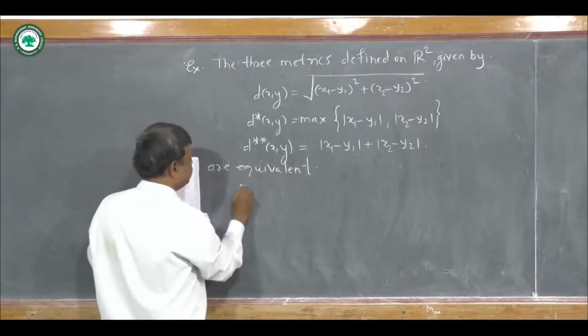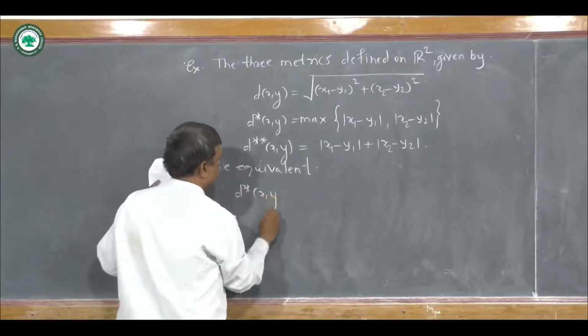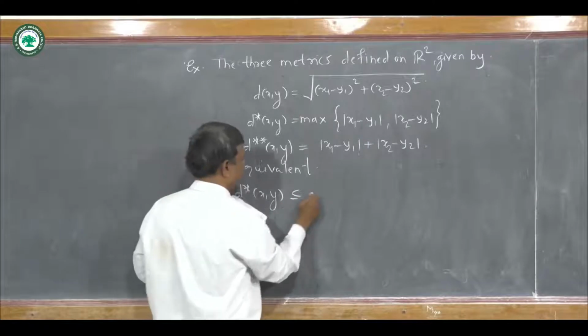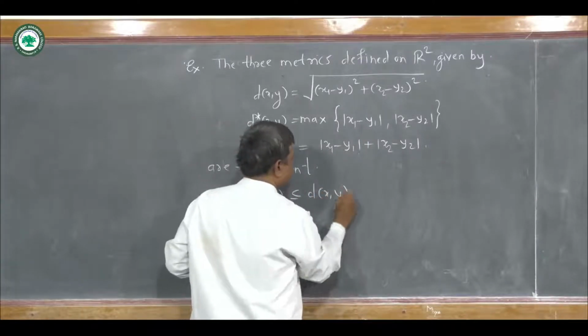Actually here we write d star of x, y. Now this is less than or equal to d of x comma y.